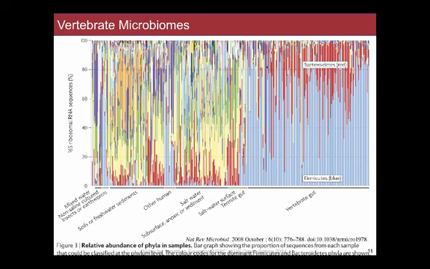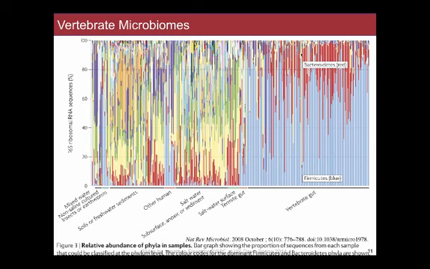And what you see is lots of variation in microbial communities when you sample them from all sorts of different environments. But when you get into the vertebrate gut, you see the vertebrate gut across almost all vertebrates that have been looked at is dominated by a couple of phyla, Firmicutes in blue and Bacteroidetes in red, and then smaller amounts of a few other phyla, and then not much else.